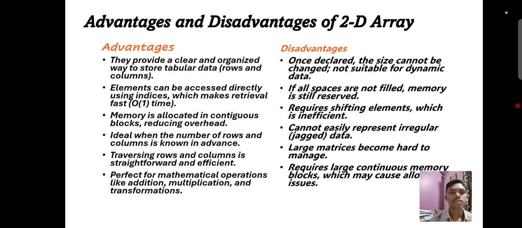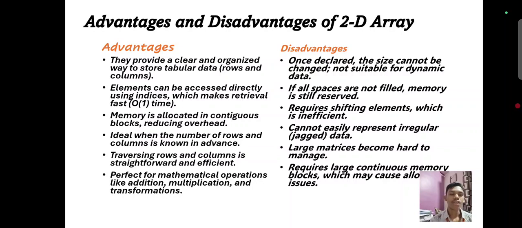Advantages and disadvantages of a 2D array. Advantages: they provide a clear and organized way to store tabular data in rows and columns. Elements can be accessed directly using the index, which makes retrieval fast, O(1) time.